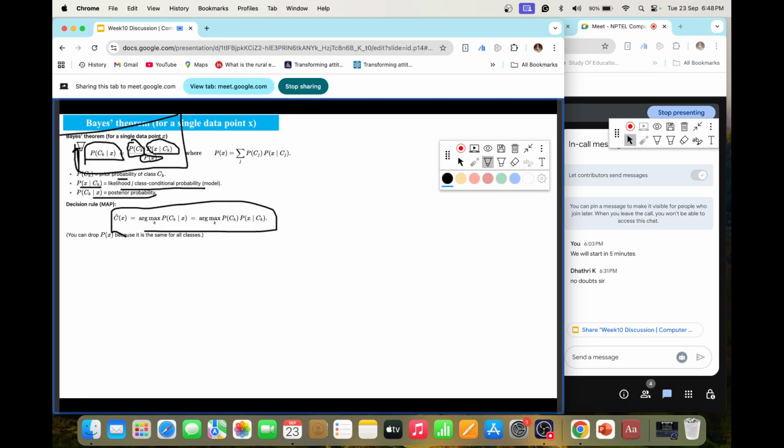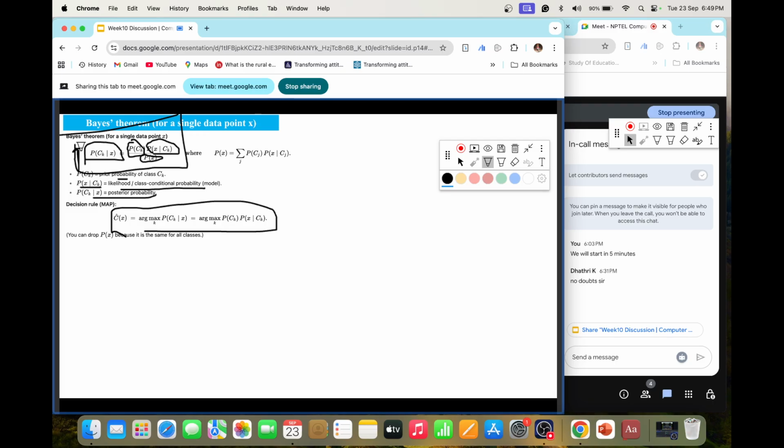Again I am repeating. We always have a prior probability or class probability, which is very simple to calculate. Second, we have the likelihood or the class conditional probability. That is also simple. Third, we have P(x), the probability of each data point, which is also very easy to calculate.